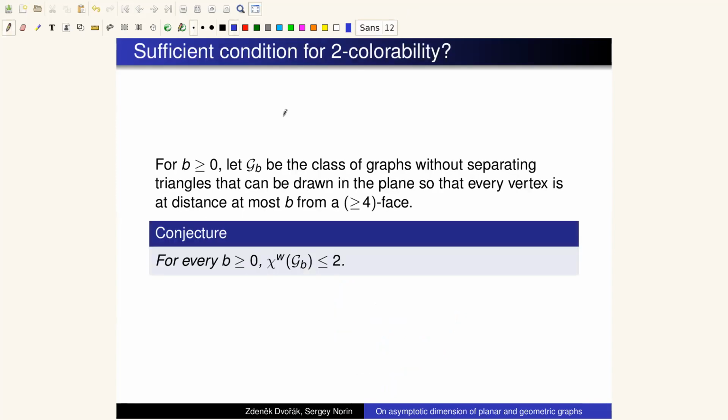And we suspect that it might, in some sense, be the right answer. So in particular, here is our, okay, I will be brave, I will call it a conjecture.